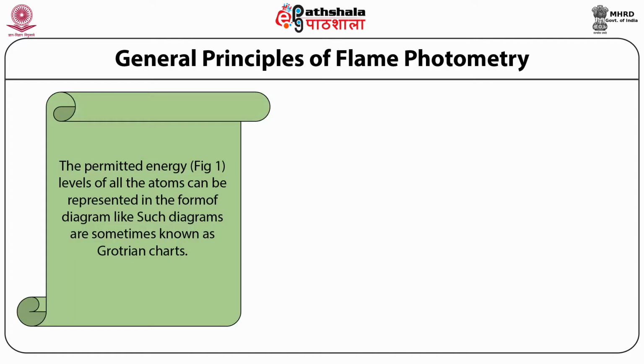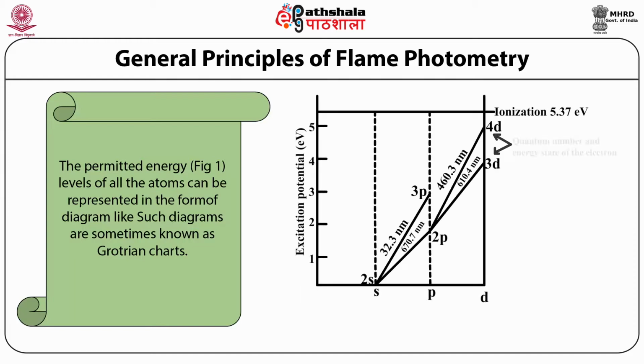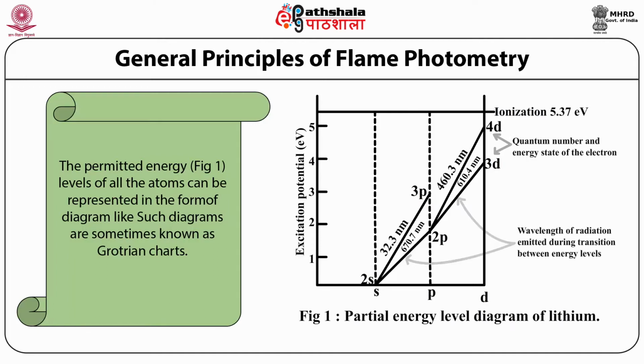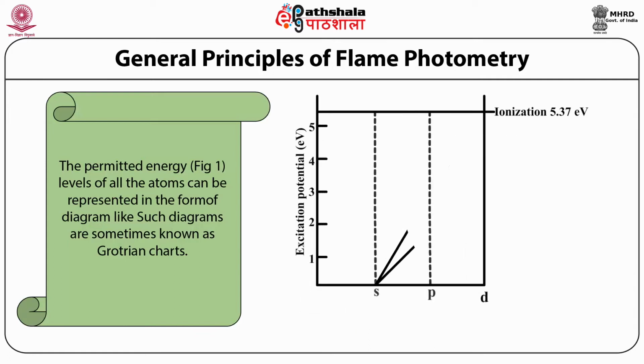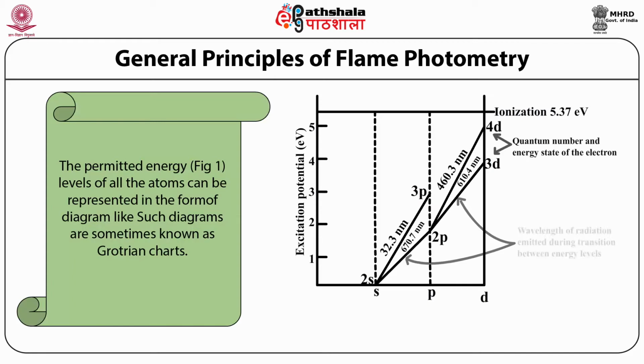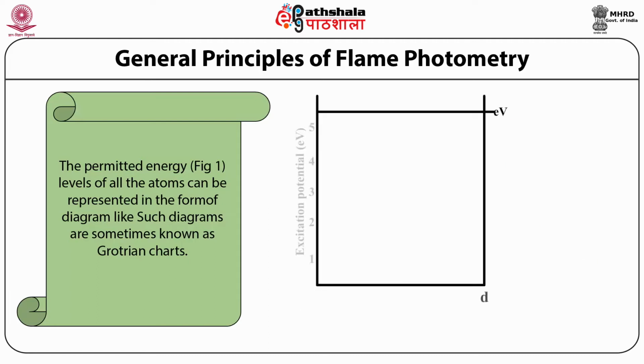Such diagrams are sometimes known as Grotrian charts. Here is the Grotrian chart of energy levels of lithium. Here you can see that lithium emits radiation in the range of 610 to 646 nanometers. When it is excited, it changes the energy level and comes back to the ground state energy level.